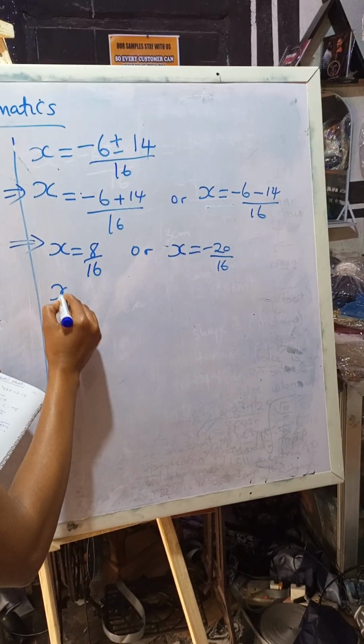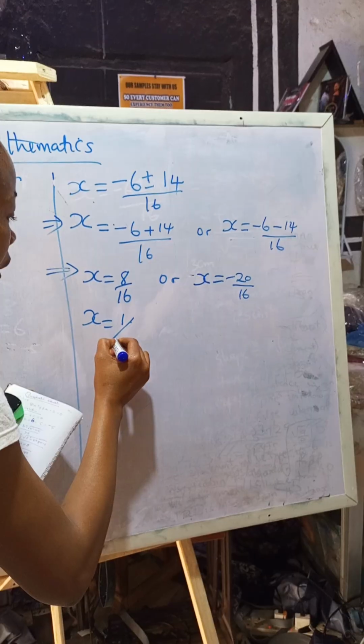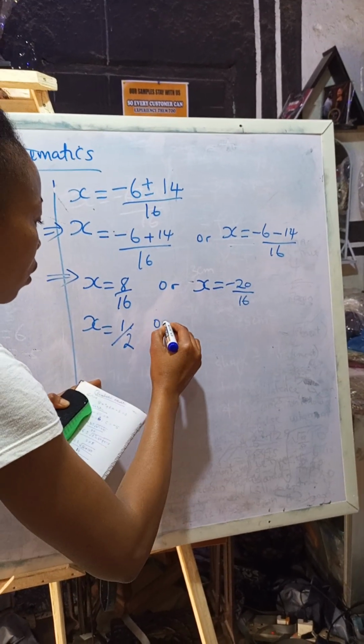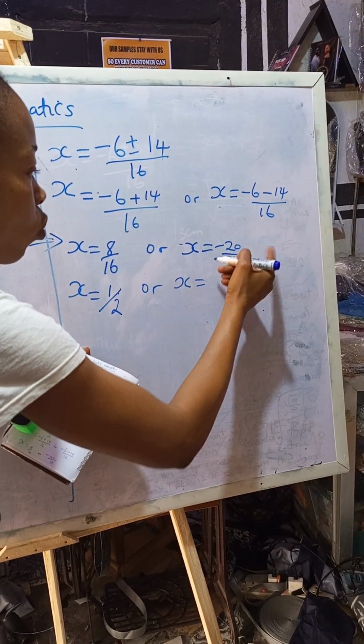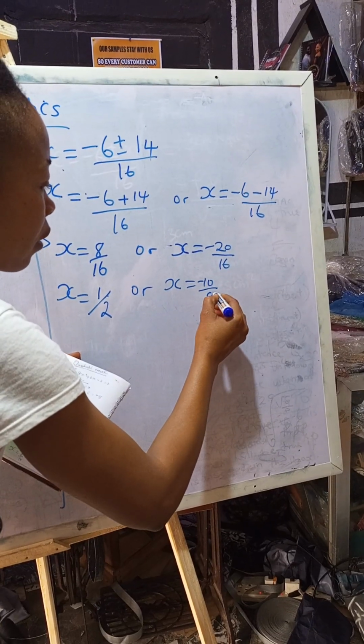So I'm going to keep dividing. I have 2 here, 1, 8 here, 1, 8 into 16 is 2. Or x equal to, let's divide, 2 into 20 will give me 10, minus 10 over 8.